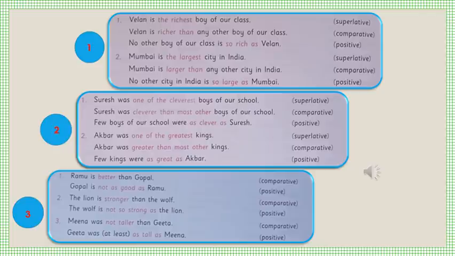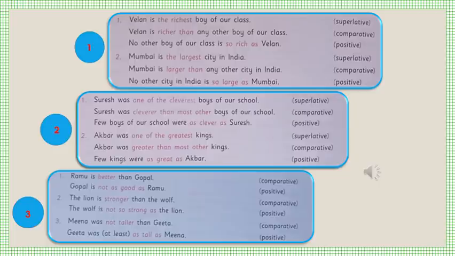And model 2: Suresh was one of the cleverest boys of our school. He is not the cleverest; one of the cleverest, since so many clever ones are there. Out of that, Suresh was one of the cleverest boys of our school. That is a superlative degree.